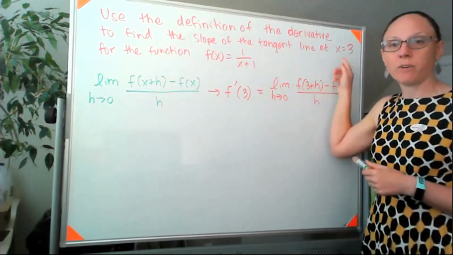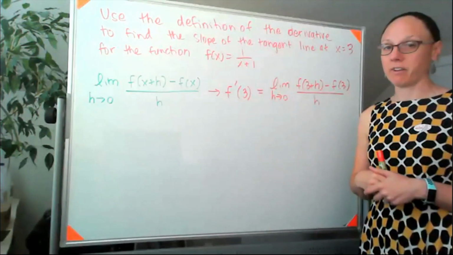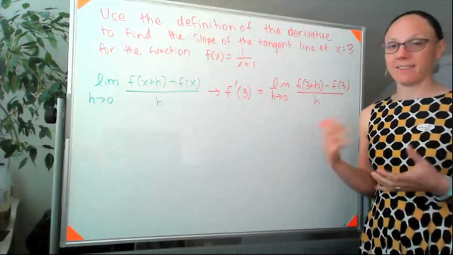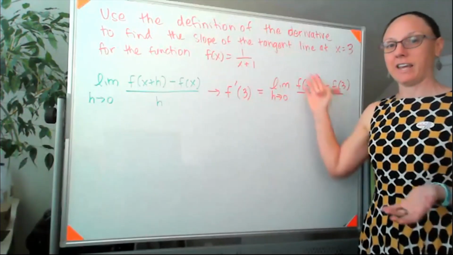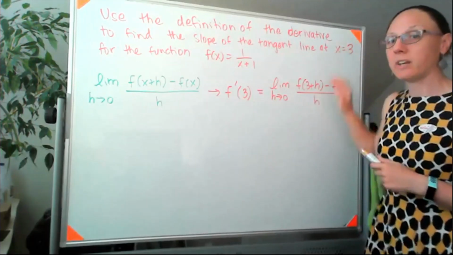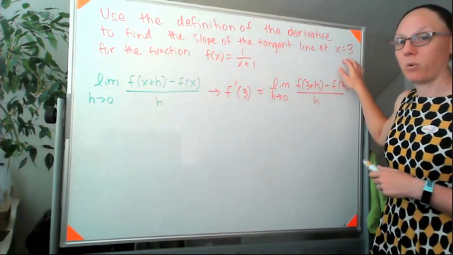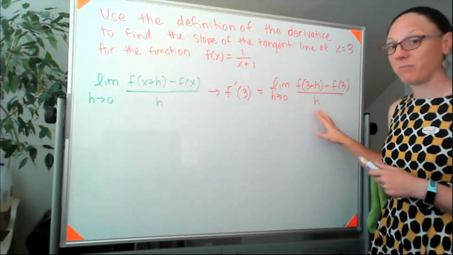And in general, if we've been given a specific point to use the limit definition of the derivative at, the math is going to be a little bit friendlier if we go ahead and plug that value in. So if we weren't given a point, we'd have to work through it generically with the x's. Because we were given a point, I'm going to work through it like this.